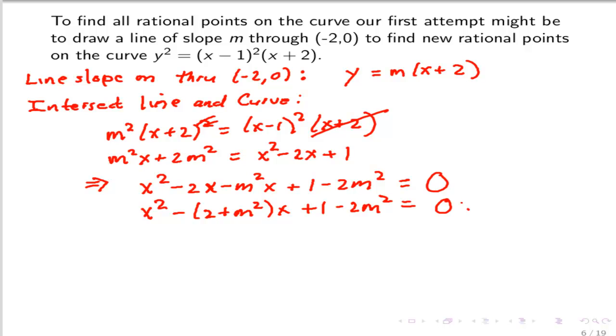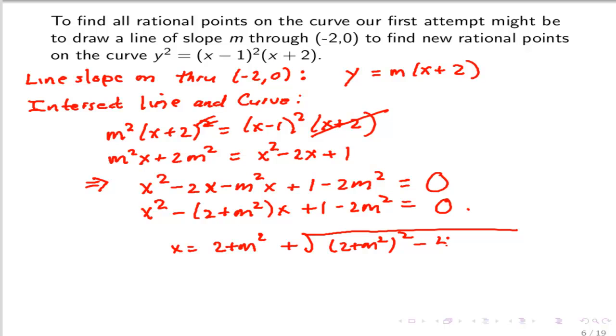And look what happens. The solutions to this are given by the quadratic formula. So you'll have negative b plus or minus the square root of b squared minus 4ac all over 2a.